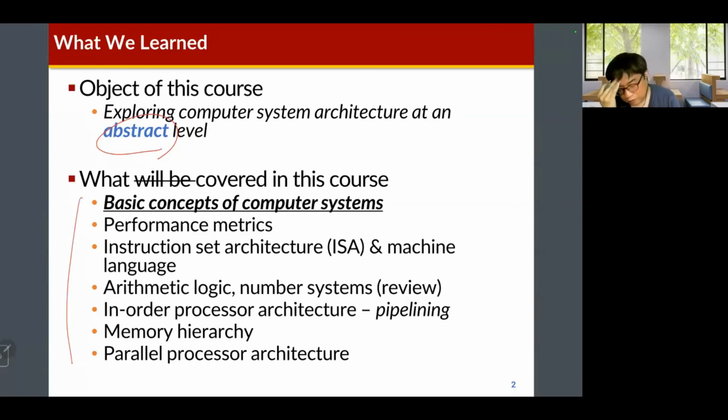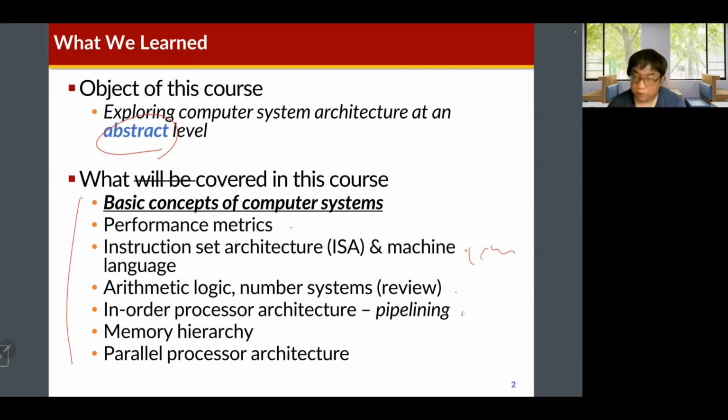These are what was covered in this course, as I introduced in the syllabus. We learned about the performance metrics. In the instruction set architecture, this is chapter 2, and in chapter 3 we learned about arithmetic logic and very simple hardware units for arithmetic computations.